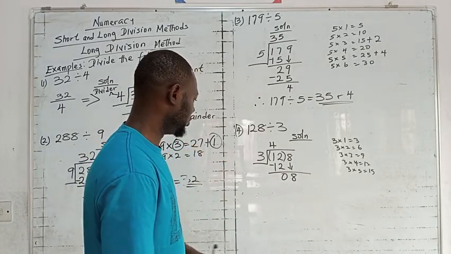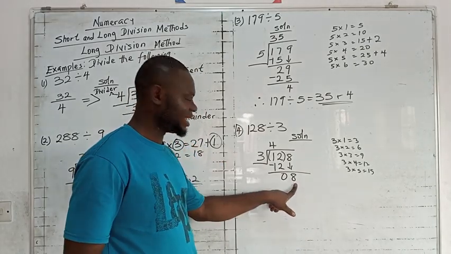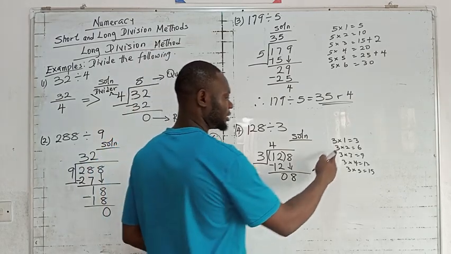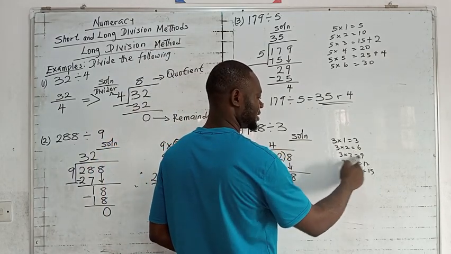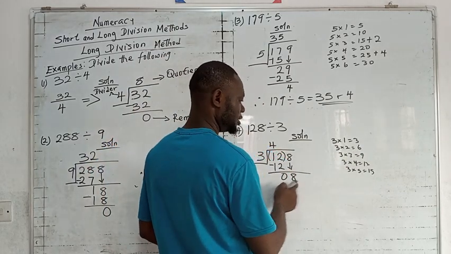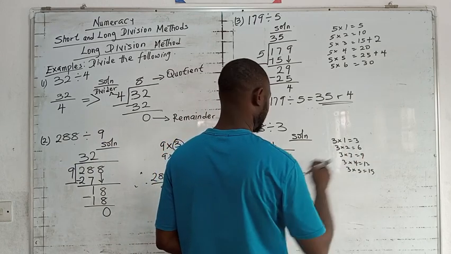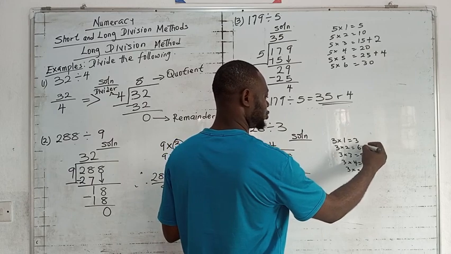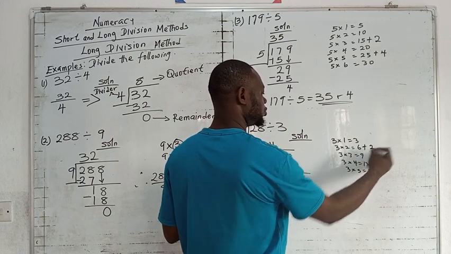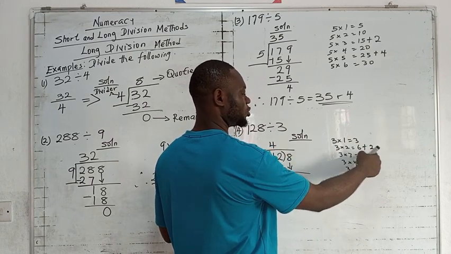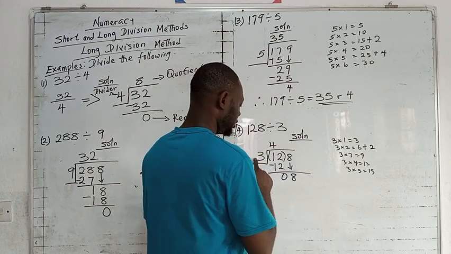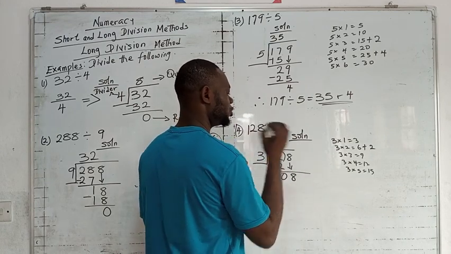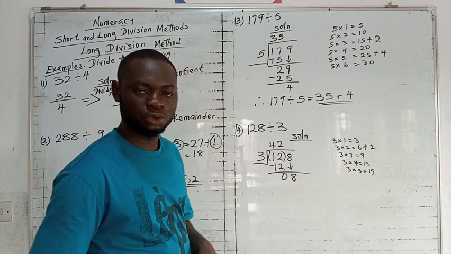Right? There we go. 3 divide 8. Notice that 3 times 2 is 6, 3 times 3 is 9. 9 is more than 8. So 3 times 2 is 6. Meaning that 3 divide 8 is 3 times 2 plus 2. 3 times 2 is 6, 6 plus 2 is 8. Therefore, 3 divide 8 is 2 remainder 2.